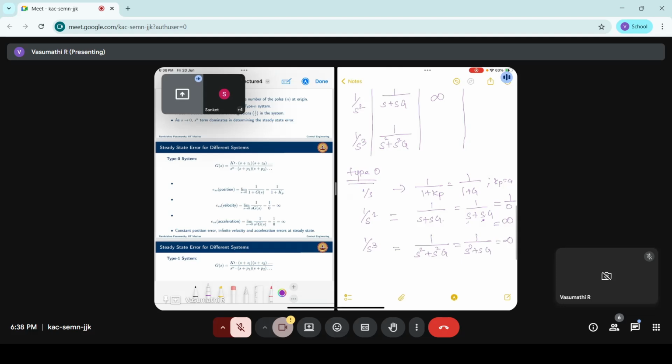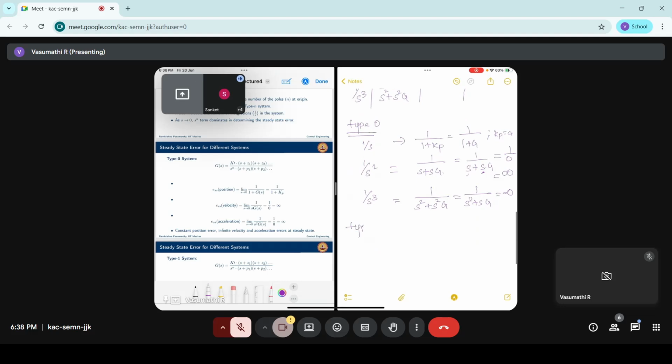This will also give you infinity. Any doubt till this? Anyone got confused here? Because to complete this topic, you might be confused about what is position constant, why do you call it, or what is the steady state error. So many confusions will be there. So you should be very clear. Clear?